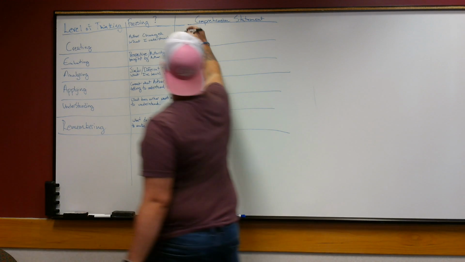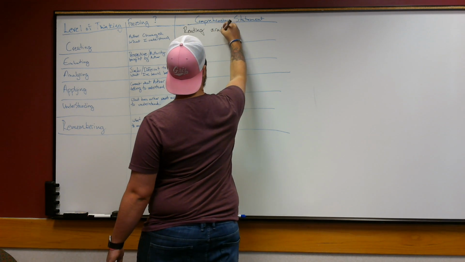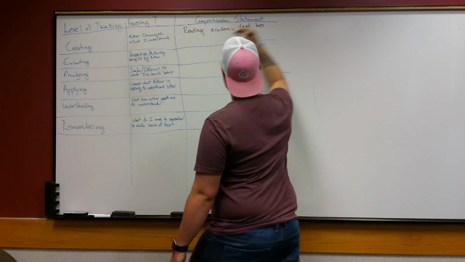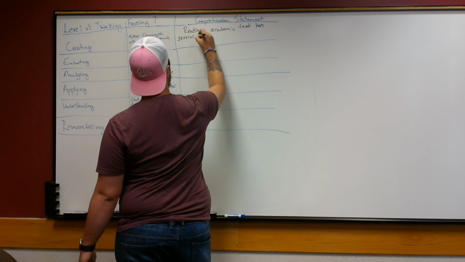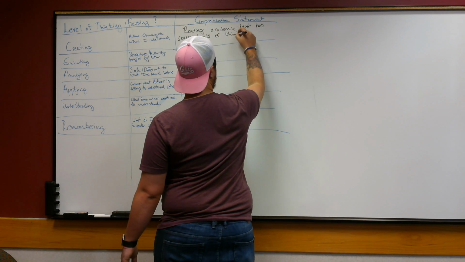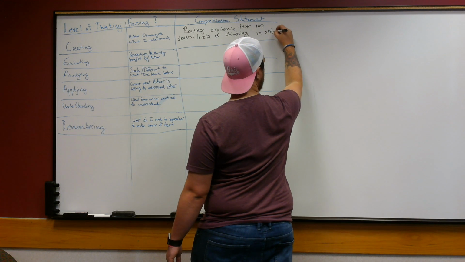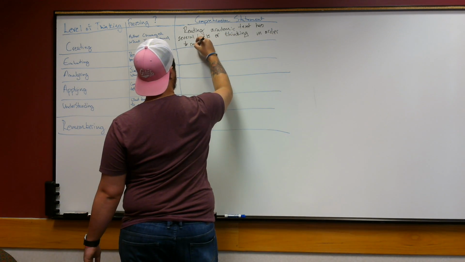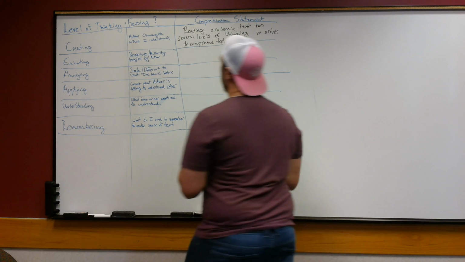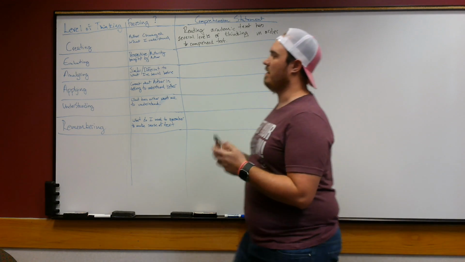So for me, this would be: reading academic text has several levels of thinking in order to comprehend text. So, how has the author changed what I understand?